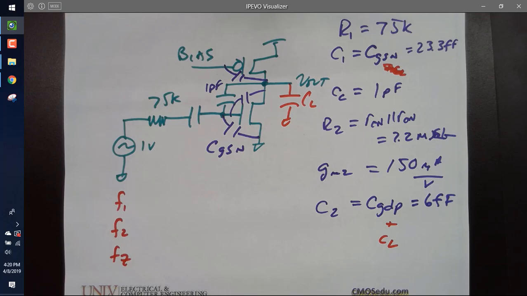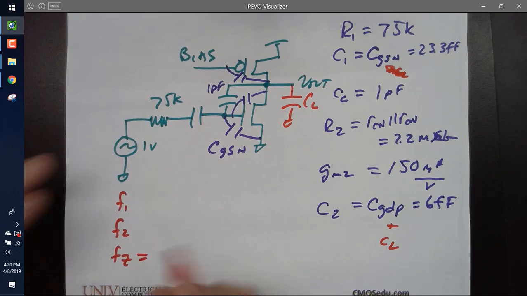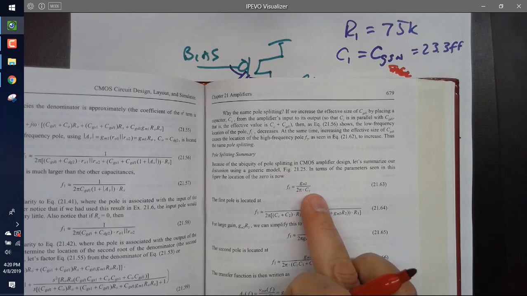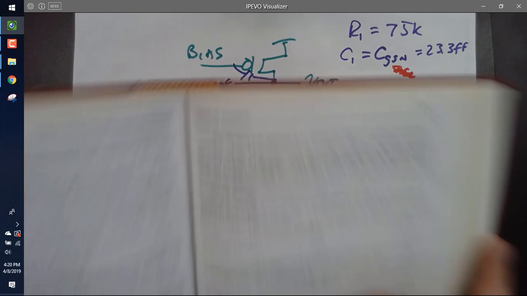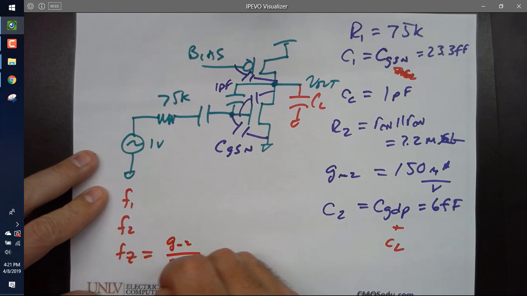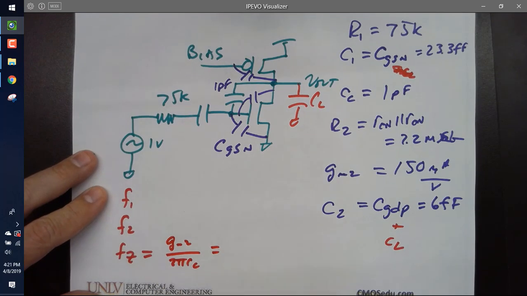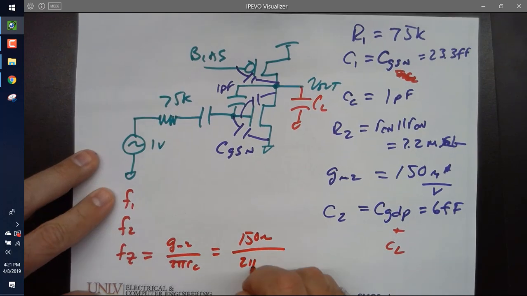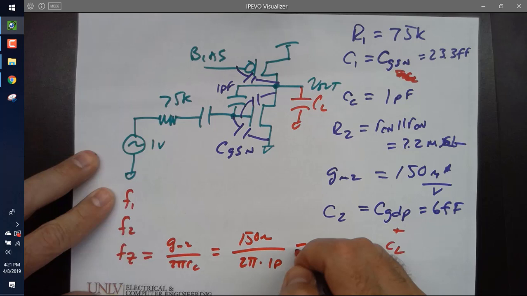Let's do the easy one first, which would be what? The 0. And if I go look at my nice little equations, are you sure this one was hard? Or am I just having no clue about what's hard? FZ is GM2 over 2 pi CC. GM2 over 2 pi CC, which is 150 micro over 2 pi times 1 picofarad, which is what?